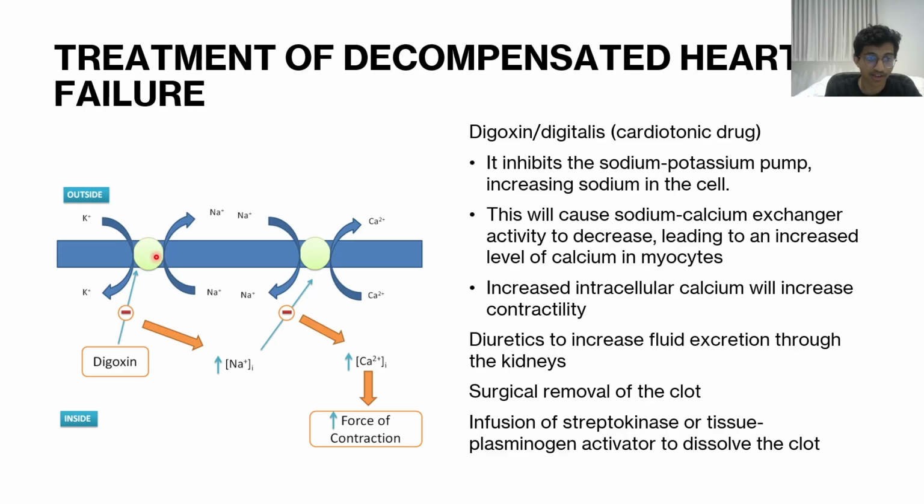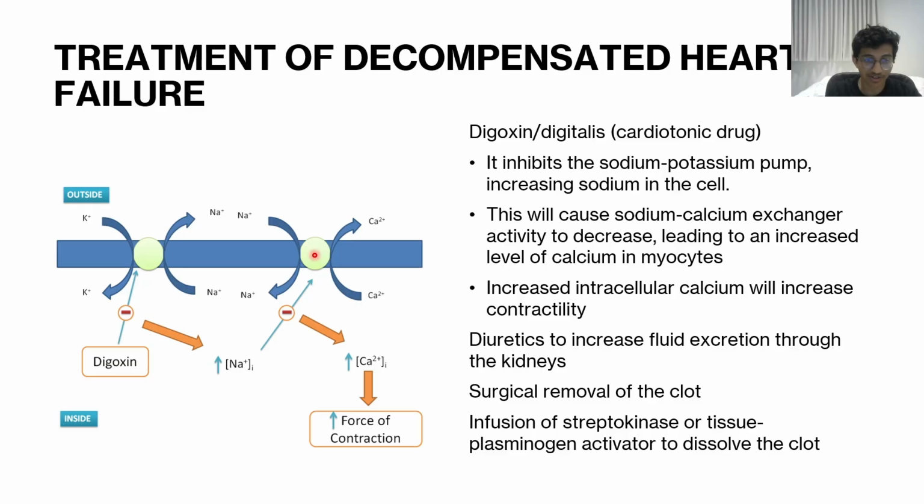Okay, by inhibiting the sodium potassium pump, which is supposed to pump sodium out of the cells, more sodium will accumulate inside the cell, and this will reduce the activity of what we call the sodium calcium exchanger.